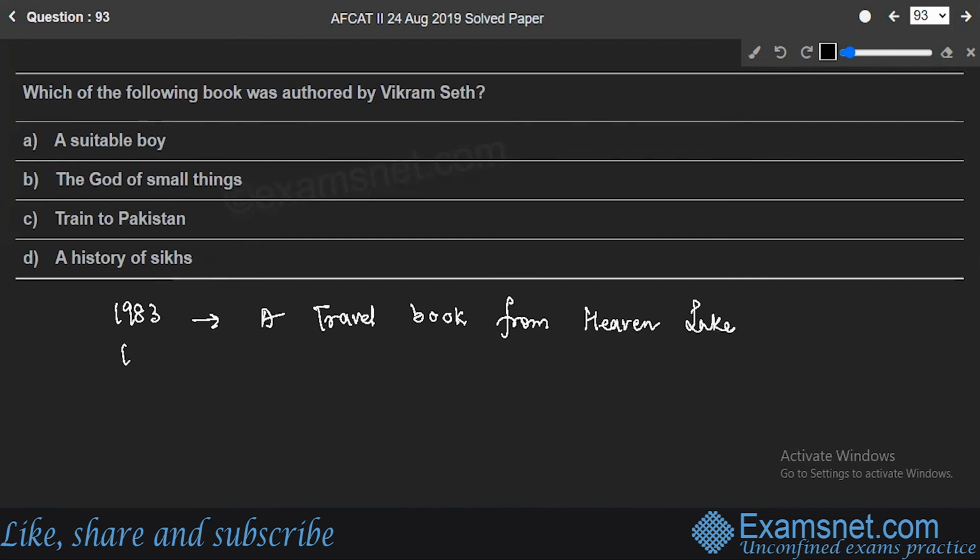Then in 1986, he wrote the verse novel The Golden Gate, and the epic novel A Suitable Boy. He wrote this in 1993.